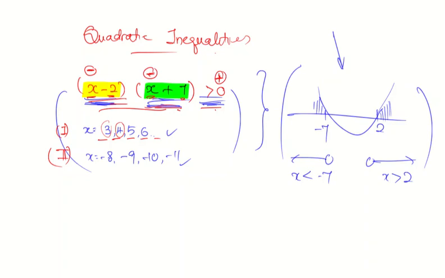So how to have both negative? When X is negative 8, then only you can have a negative 1. Or negative 9, so that you can have a negative 2. Negative 8 put in, you get a negative 10. Negative 9 you put in is a negative 11. You want it to have both yellow and green also negative.